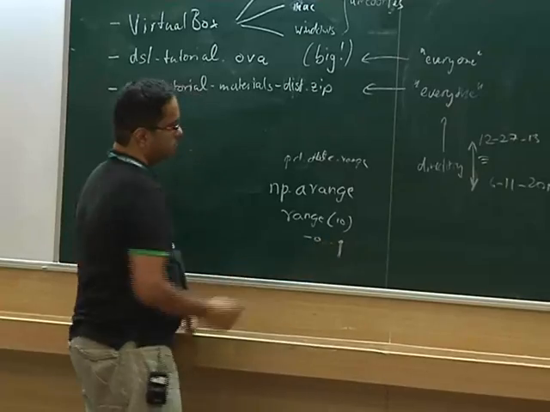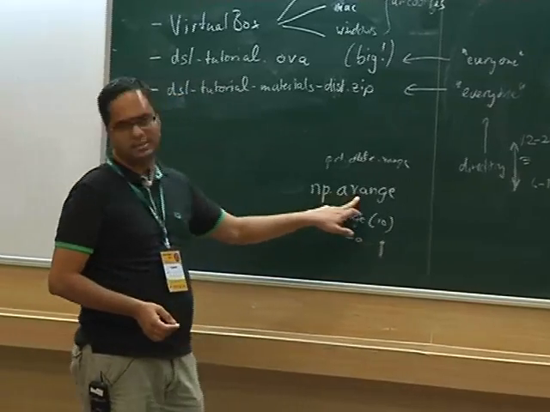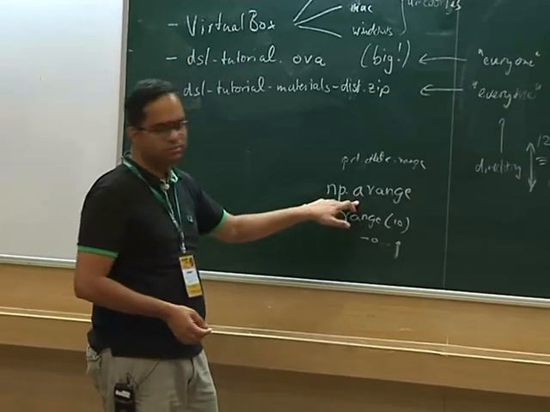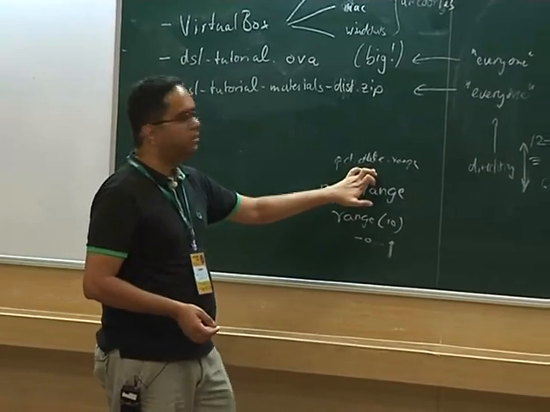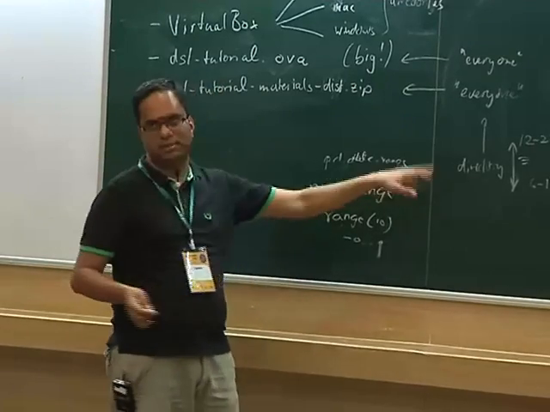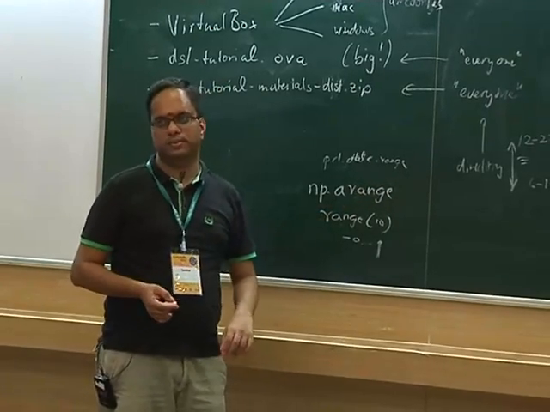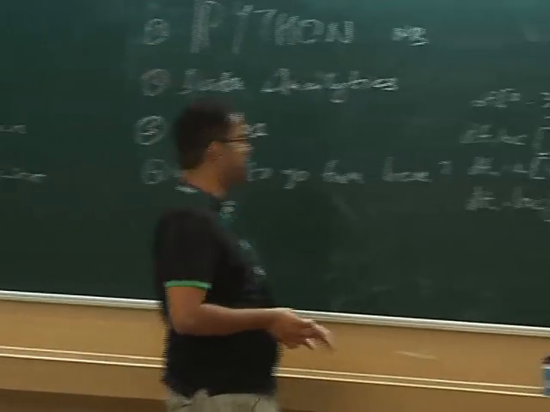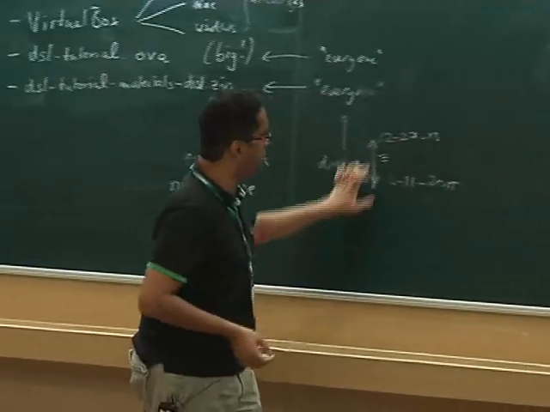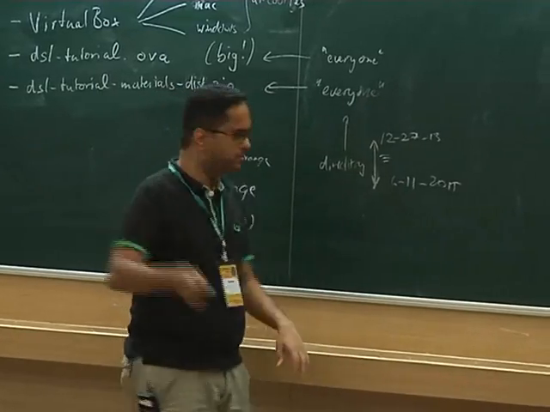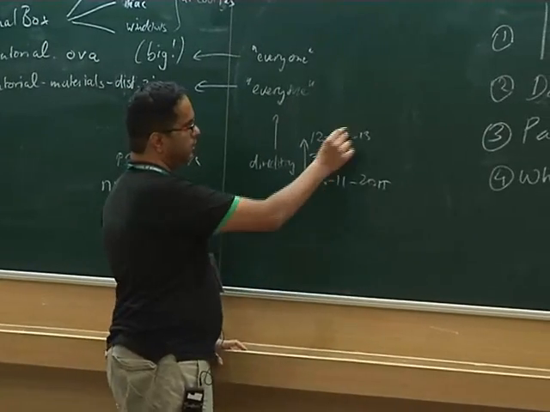Similarly, this also does the same thing, just that range doesn't allow you to do floating point, this lets you do floating point. pd.date_range is the same. You generate a range of values for the dates that you provide. So it's range on dates. So what you do is you generate a range from this to this, so that will have all your values. Now your date is your index.